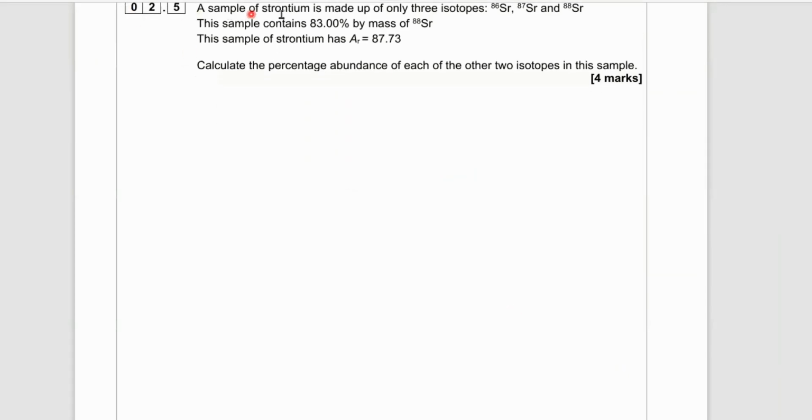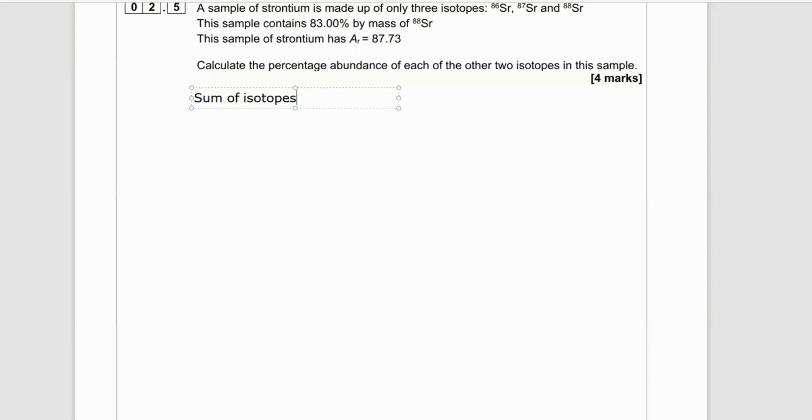Right, 2.5. A sample of strontium is made up of only 3 isotopes. We've got strontium 86, strontium 87, and strontium 88. This sample contains 83% by mass of strontium 88. The sample of strontium has an Ar, a relative atomic mass, of 87.73. Calculate the percentage abundance of each of the other 2 isotopes in this sample, and it's a lovely 4 marks.